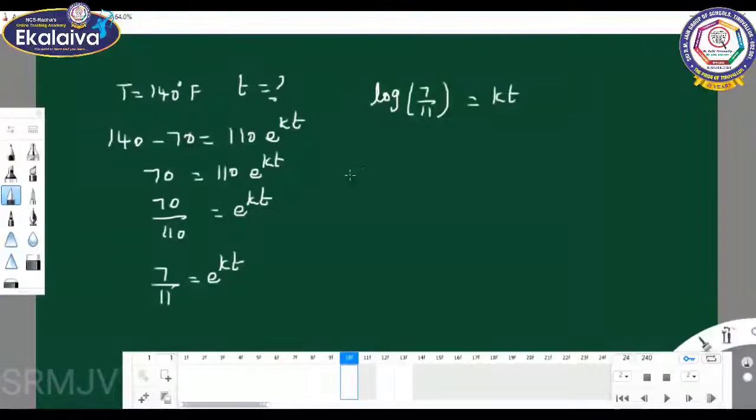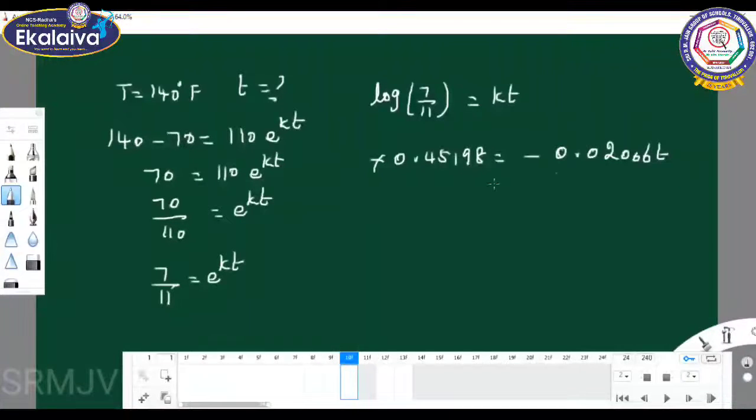The value of log of 7 by 11 is given as minus 0.45198 equal to minus 0.02006 t.